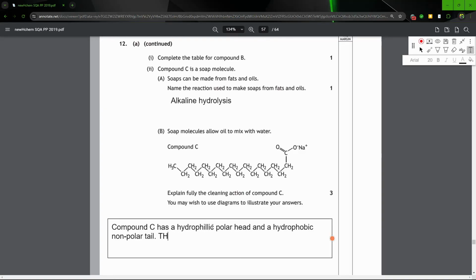The hydrophilic head dissolves in water, and the hydrophobic tail dissolves in oil.